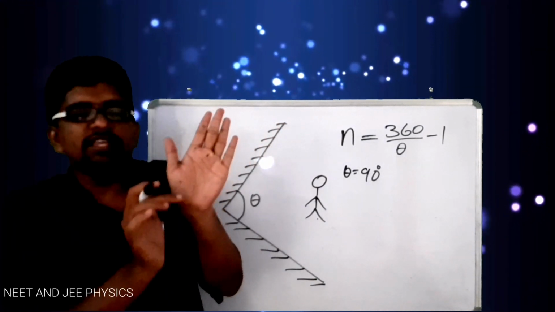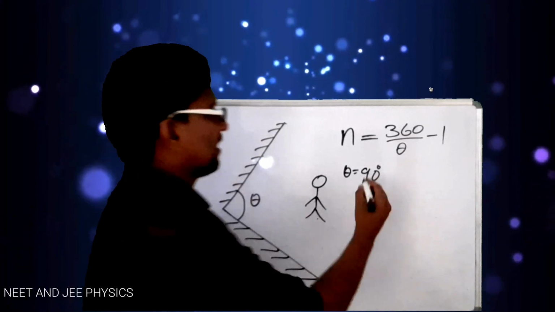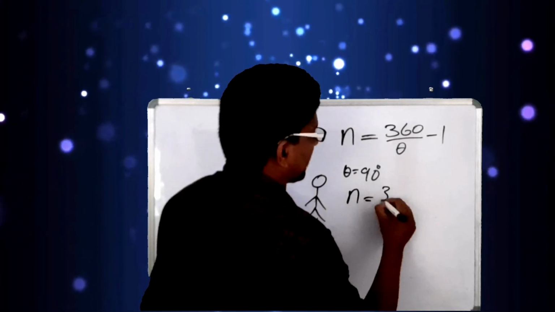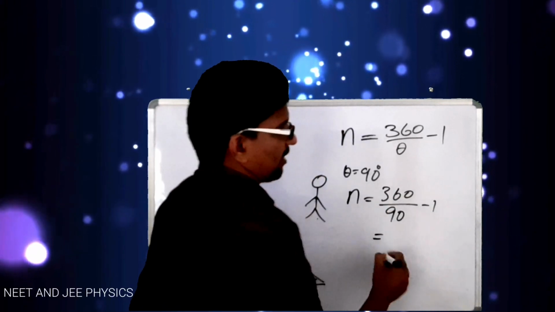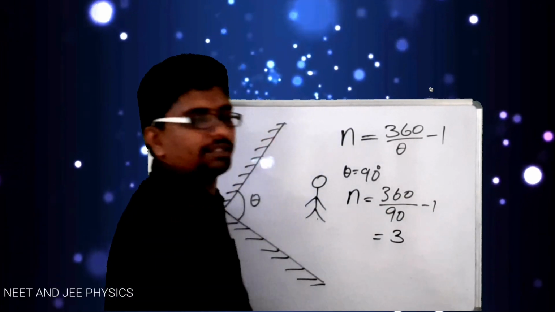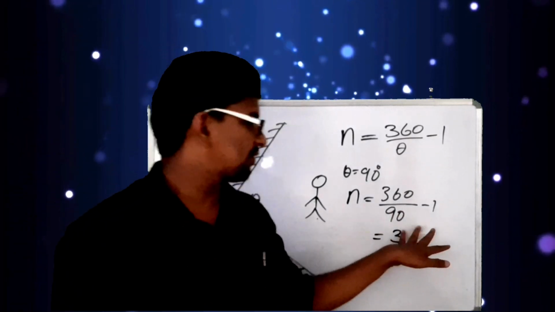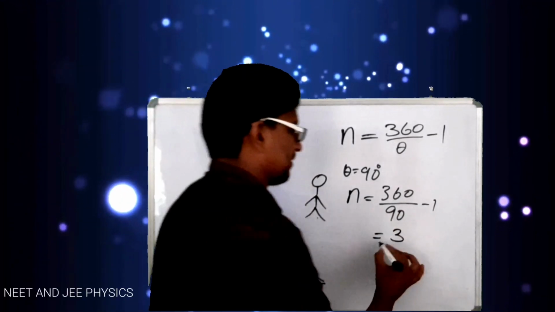In this case, the number of images n equals 360 divided by 90 minus 1. 360 by 90 is 4, so 4 minus 1 is 3.